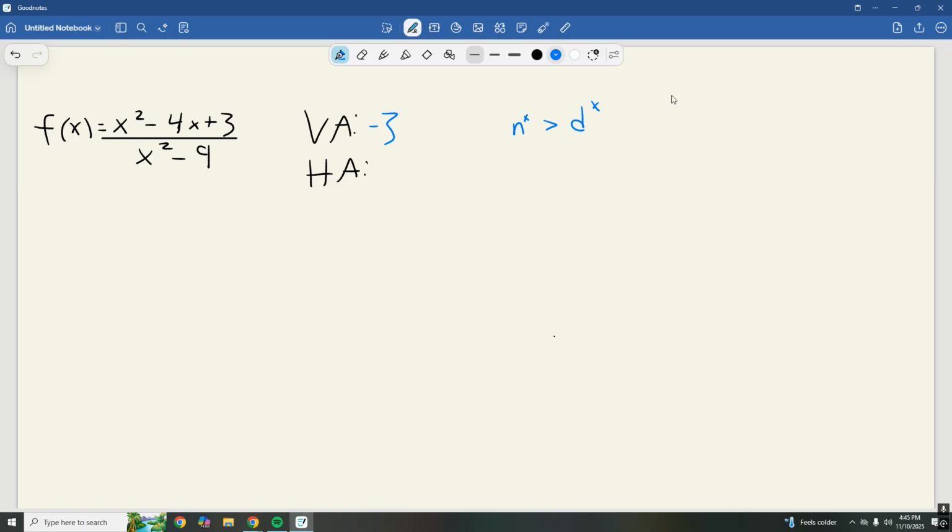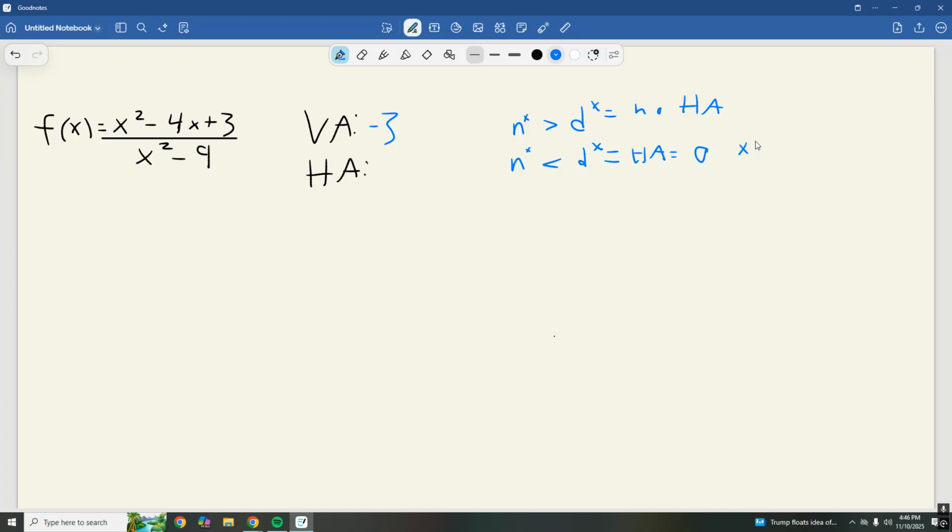So what does it mean when it's the opposite? So the numerator is less than the denominator. In this situation, it will always mean that the horizontal asymptote equals 0, no matter what, regardless.